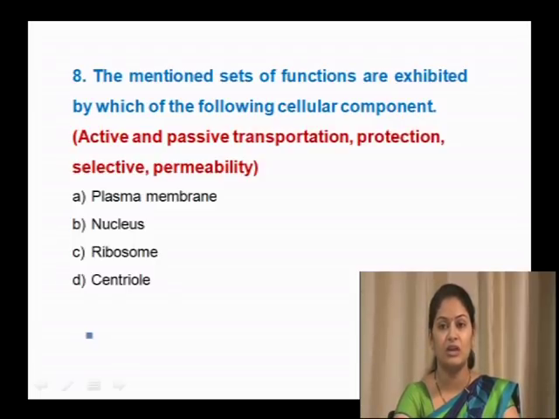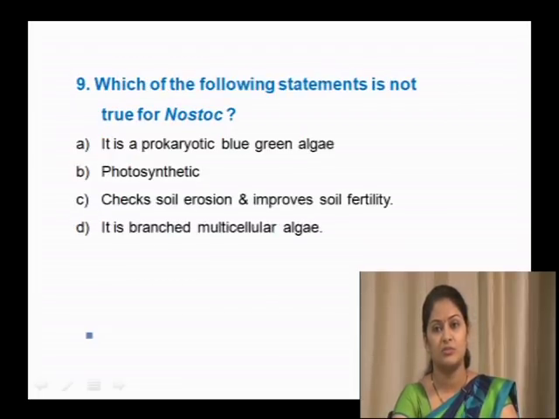Whereas nucleus, ribosome and centriole cannot provide protection. For providing protection, it has to be on the periphery. So this main function may give us the particular clue for the answer. So option is A for this question. Next question.